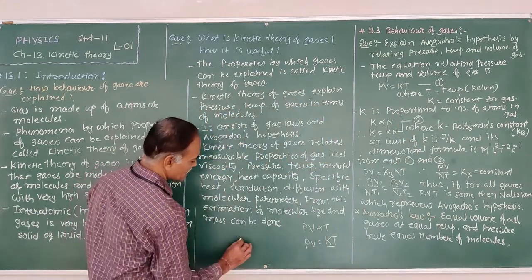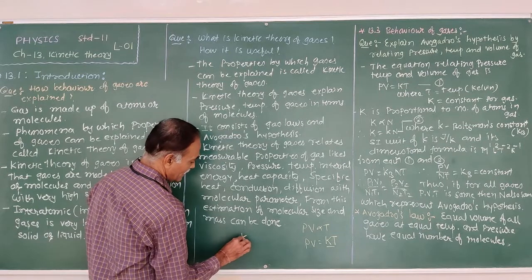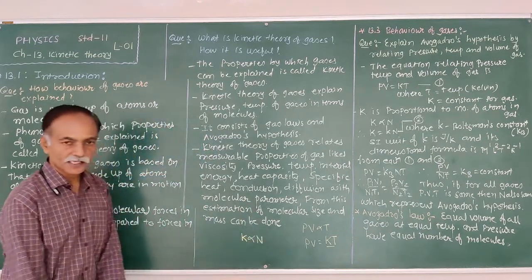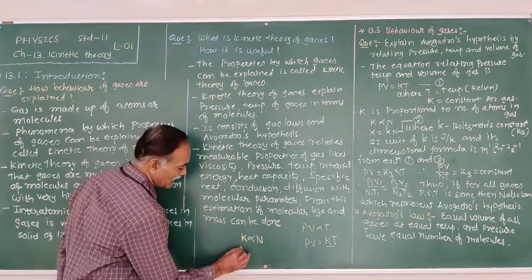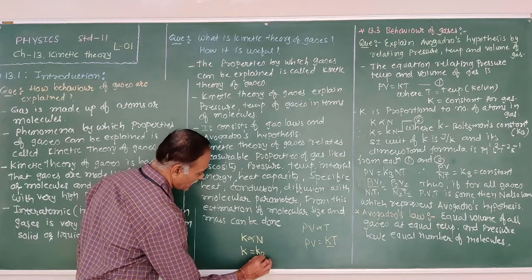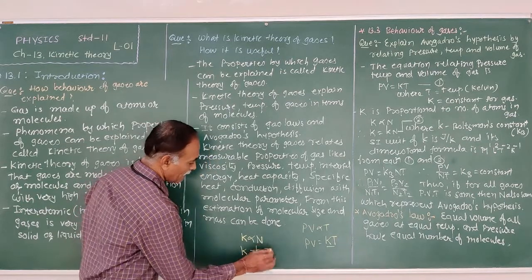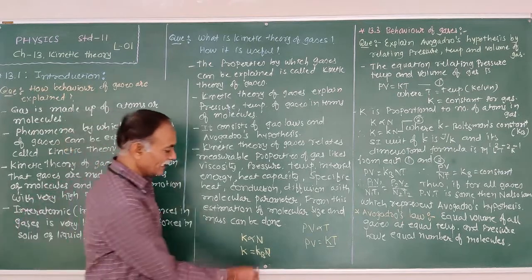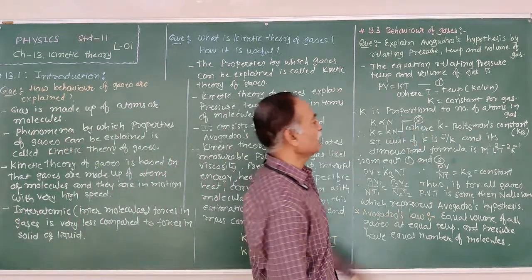Therefore, this capital K is directly proportional to the number of atoms. To remove this proportionality sign, we introduce the constant that is known as the Boltzmann constant, Kb. Here Kb is known as the Boltzmann constant.